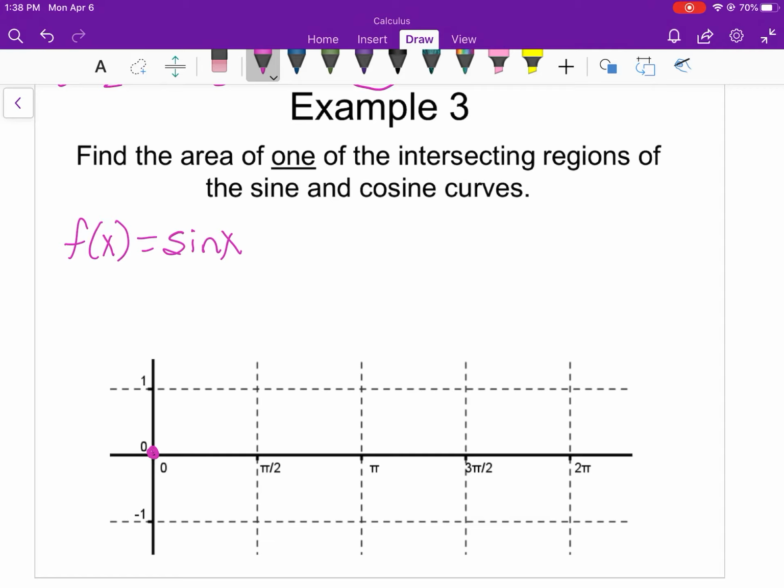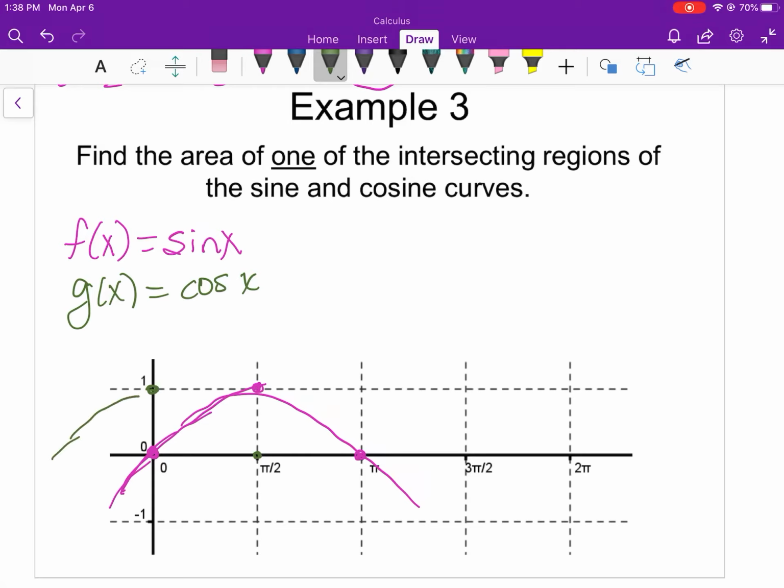I know the sine of pi over 2 is 1. Okay, so here's that curve. And I know cosine starts up here and it goes like that.